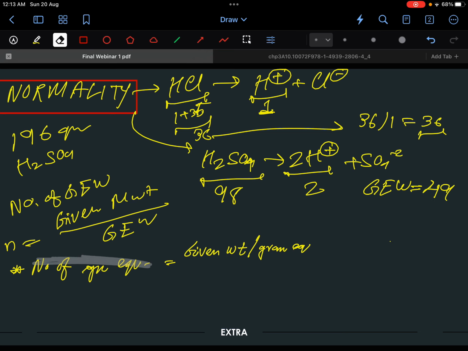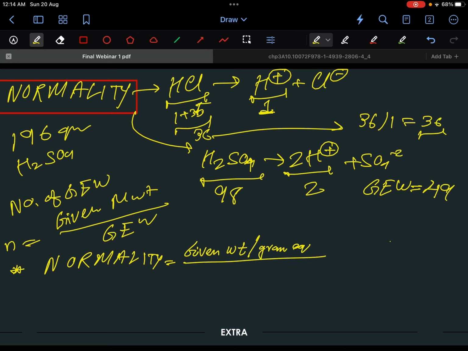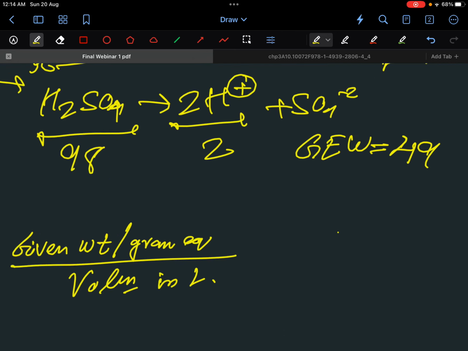Normality is equal to the number of gram equivalent divided by volume in liters. Okay, let's solve one problem. I think that will make it more clear.